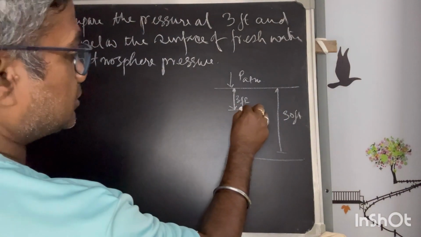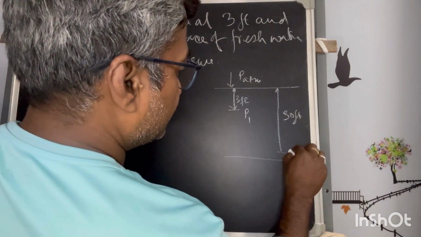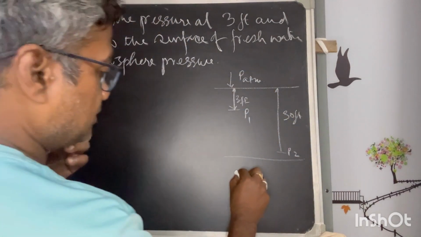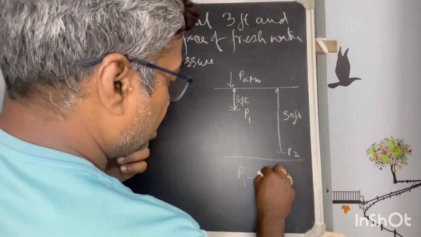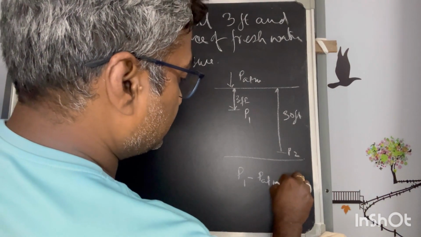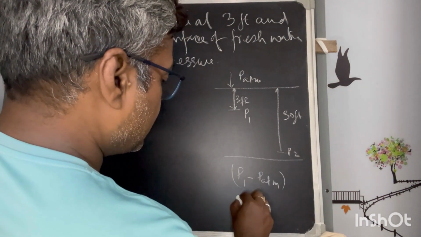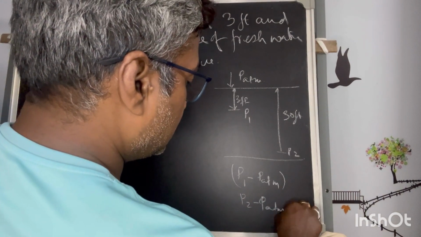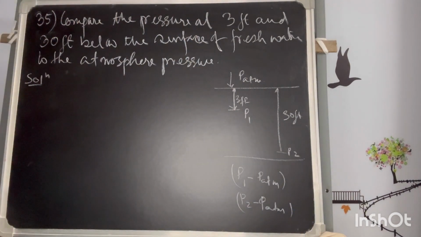So let's say this is P1, this is P2. You have to consider P1 against atmospheric pressure. That means you have to calculate what would be the value of this and what is the value of this. Then only we can compare the things together.